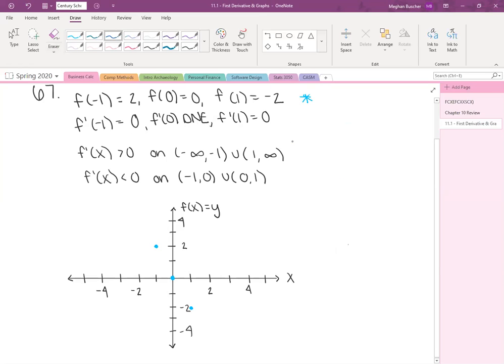So what we're talking about here is this tells us our slope, right? The derivative tells us our slope. So the way that I am going to mark that is using dashed lines. Whenever we have a slope of 0, I'm just gonna put a dashed horizontal line there.